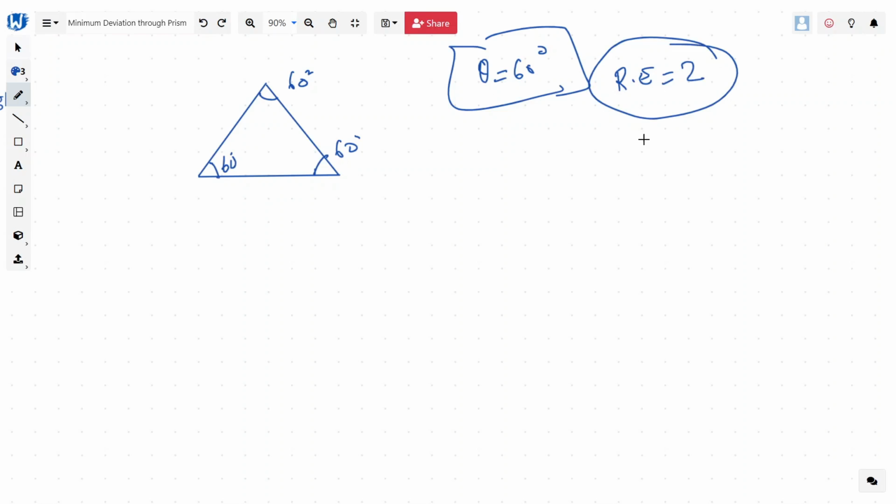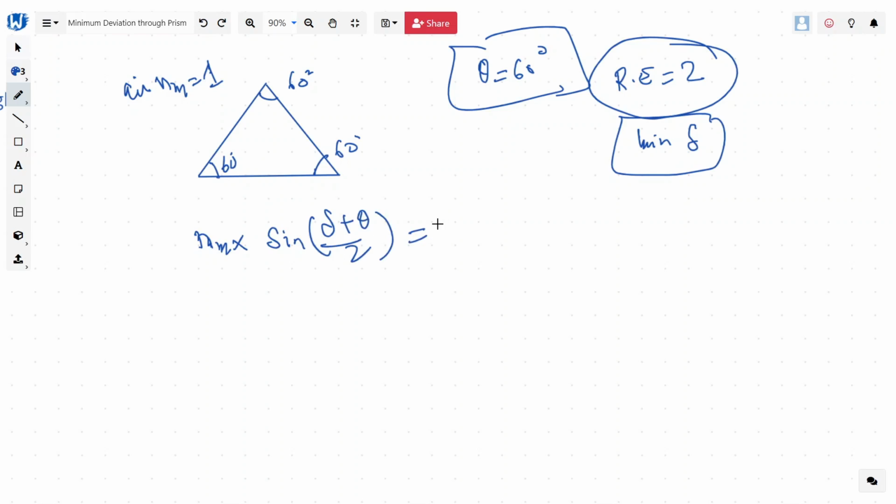Now we have to find the minimum deviation delta and also plot the path of the ray. So it is in air, so n of medium is 1. Let's write down our equation very simply. n of medium into sine of (delta plus theta) by 2 is going to be n of prism into sine of theta by 2.